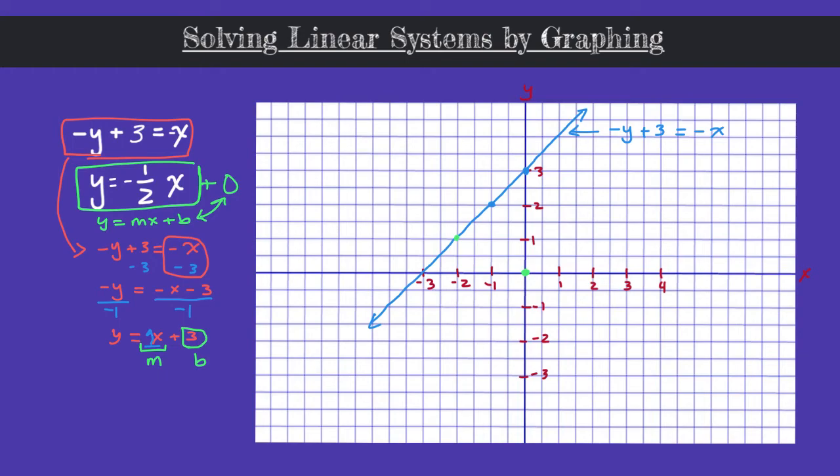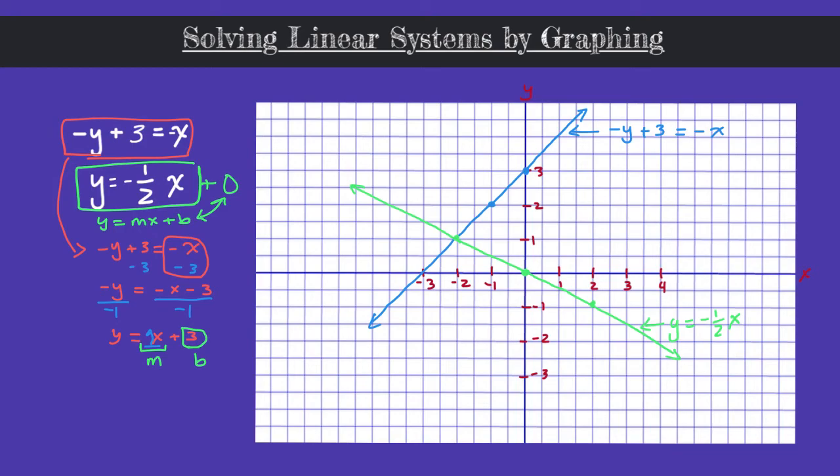Or I can go down once and to the right twice. That works as well. You'll still accomplish your goal. And I'm going to connect my little dots. Okay. And that is the graph of the equation y is equal to negative 1/2 x.